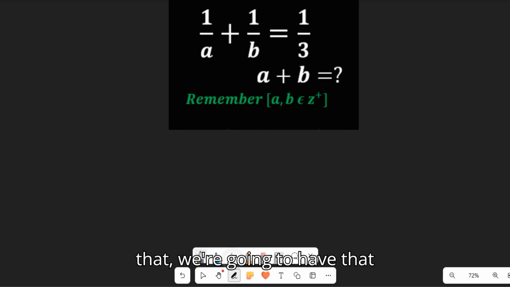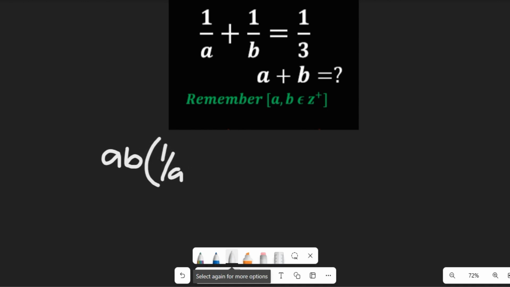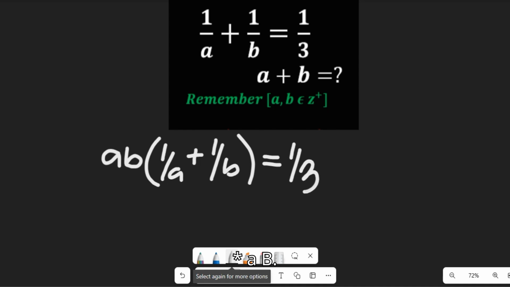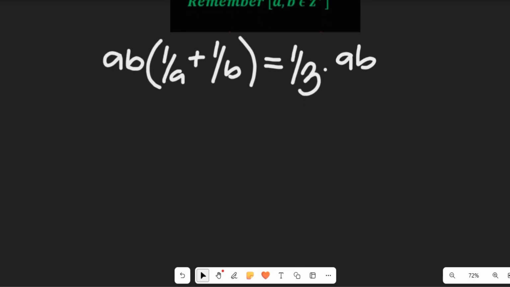So we're going to have ab multiplying the whole of 1 divided by a plus 1 divided by b, and all of these will be equal to 1 divided by 3 multiplied by ab.